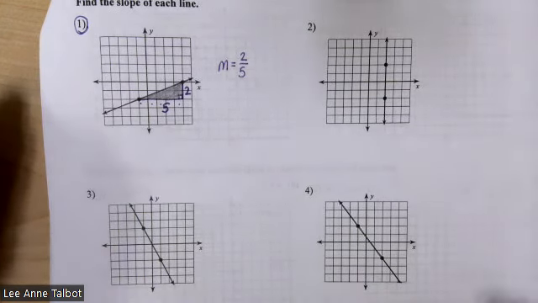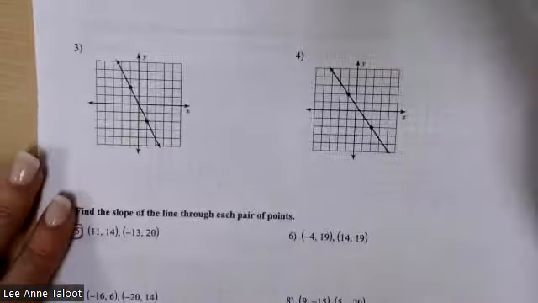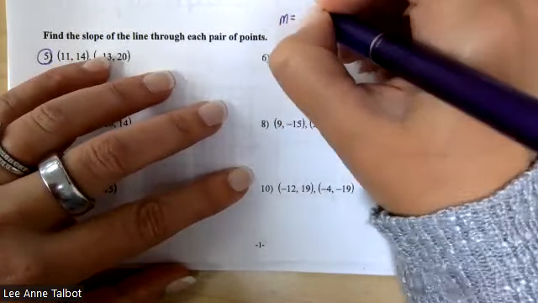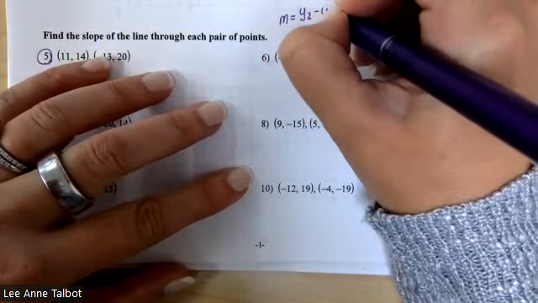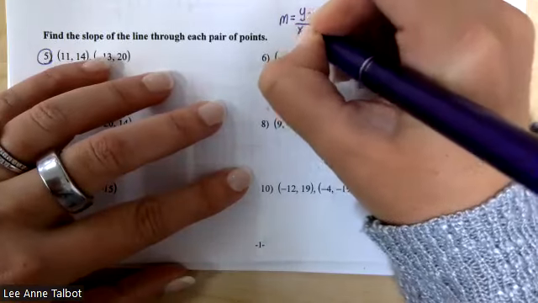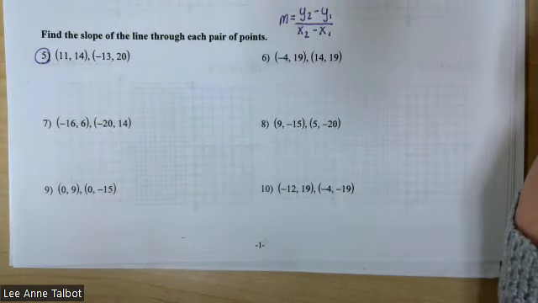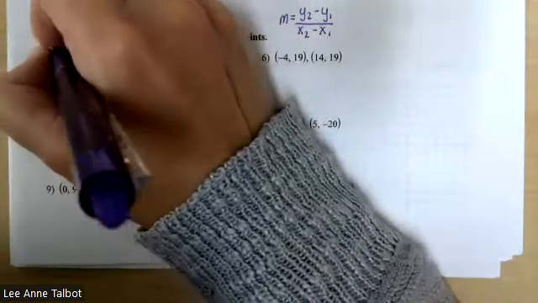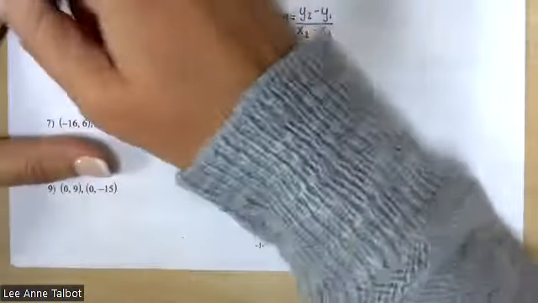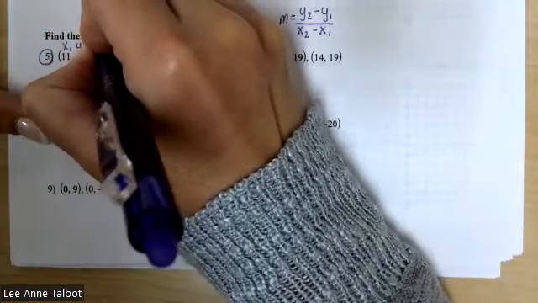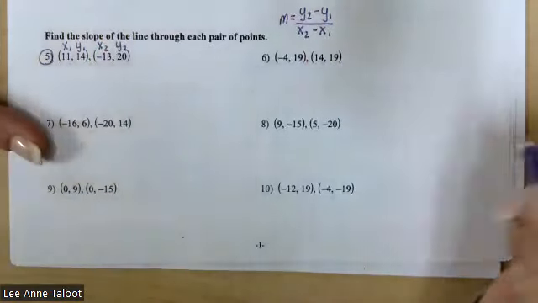Okay, move down to number 5, please. This group of problems, you're going to use the slope formula, which is m equals y2 minus y1 over x2 minus x1. X1, Y1, X2, Y2.